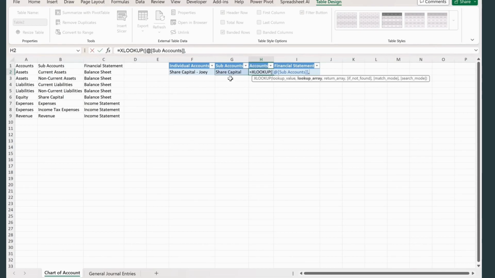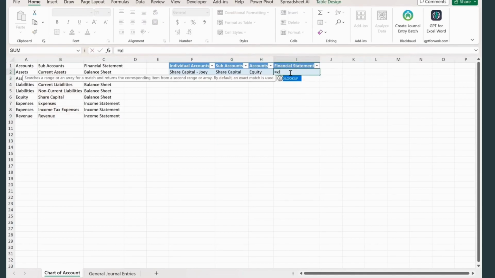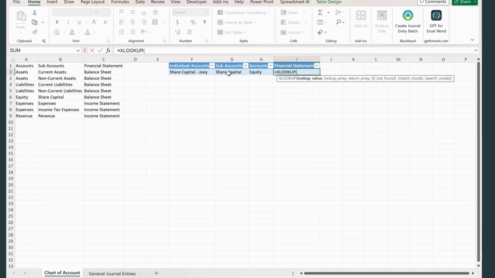Look up arrays sub-accounts, which is B2 to B9. Return values A2 to A9. We freeze the range. Here we also use XLookup to look up the value we want.